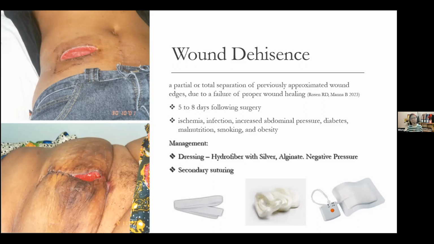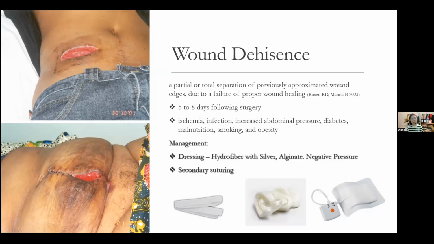This condition usually happens about 5 to 8 days following the surgery, sometimes even longer. The main reasons are ischemia, infection, increased abdominal pressure, diabetes, malnutrition, or the patient is a smoker and also obese.